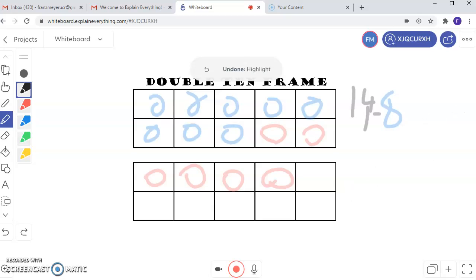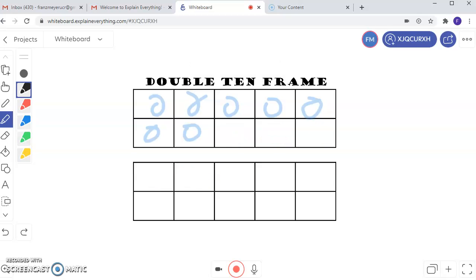So now I'm going to go on to the reflection part of the flipped video. The first thing was that my standard was CCSS Math 1 OA3. So it's operations and algebraic thinking, and it is to apply properties of operations as strategies to add and subtract.